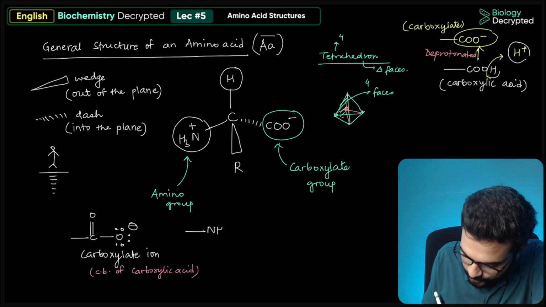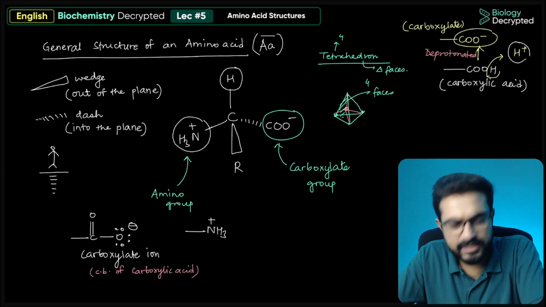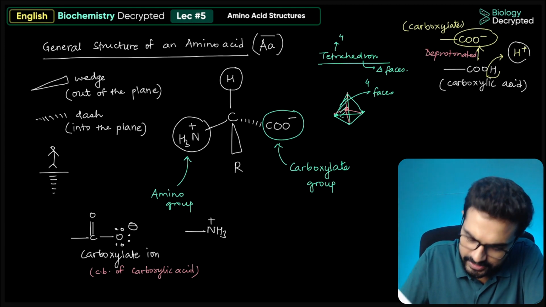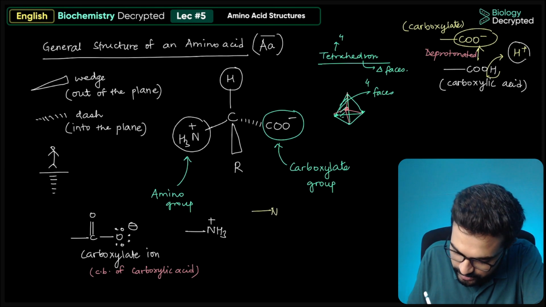This group is NH3 plus. But where did this NH3 plus come from? So this came from NH2. NH2 is the famous amino group.